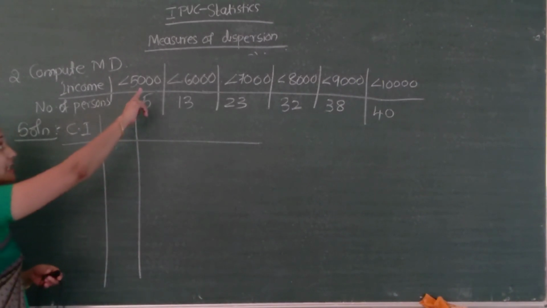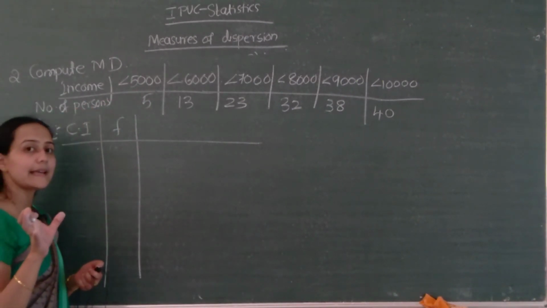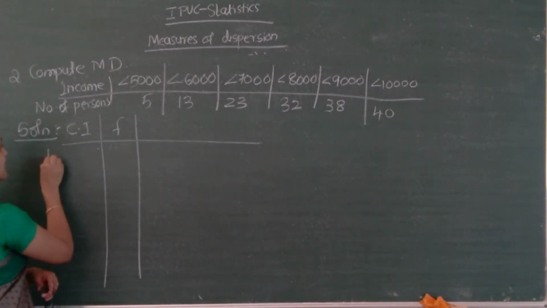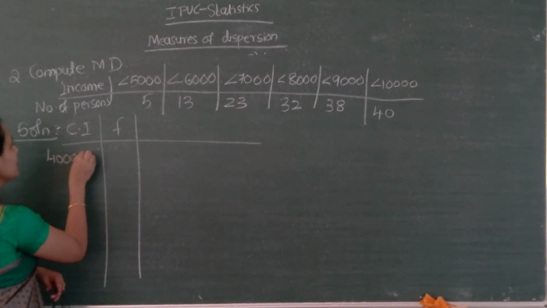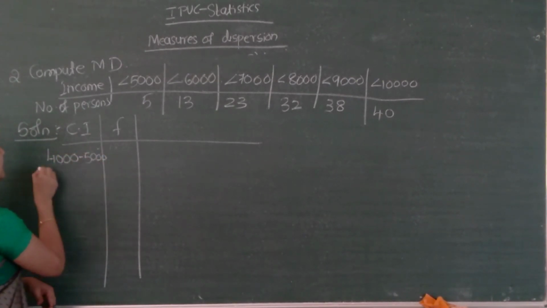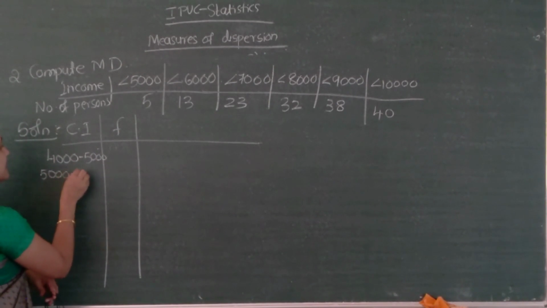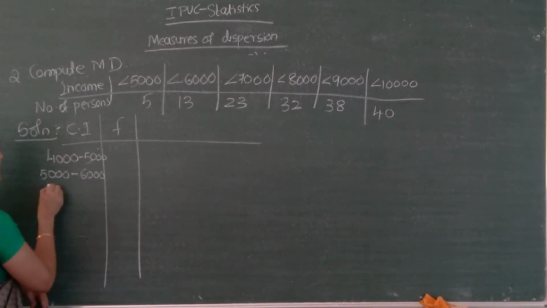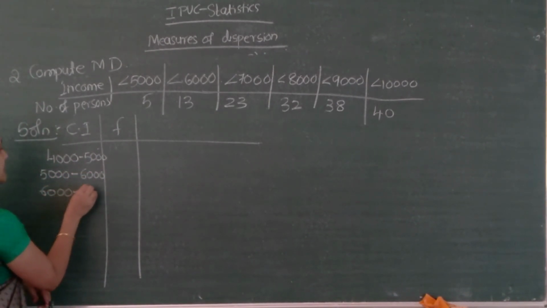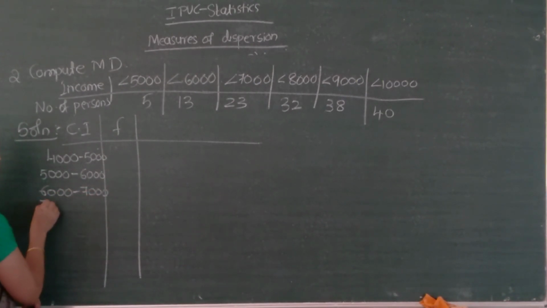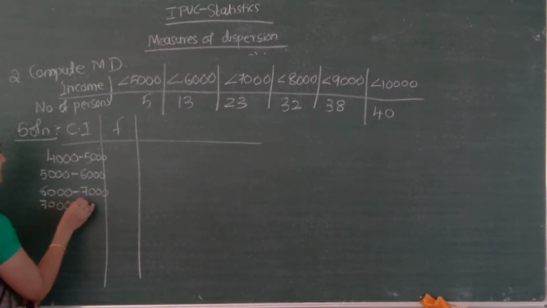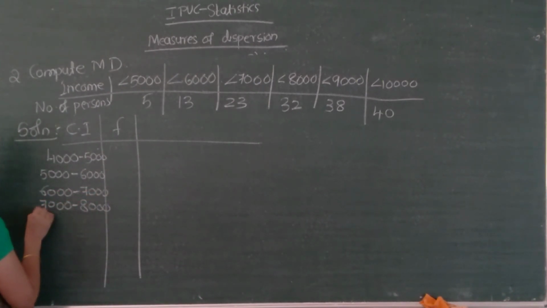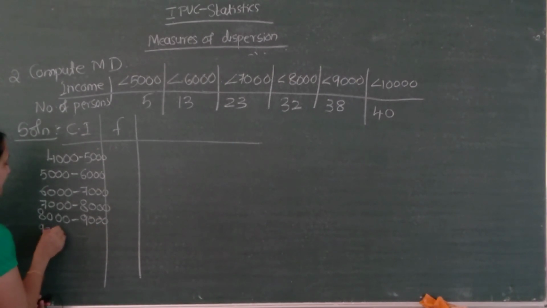So less than 5,000 means 5,000 is coming as an upper limit. So it is 4,000 to 5,000, next 5,000 to 6,000, similarly 6,000 to 7,000, 7,000 to 8,000, next 8,000 to 9,000, next 9,000 to 10,000.